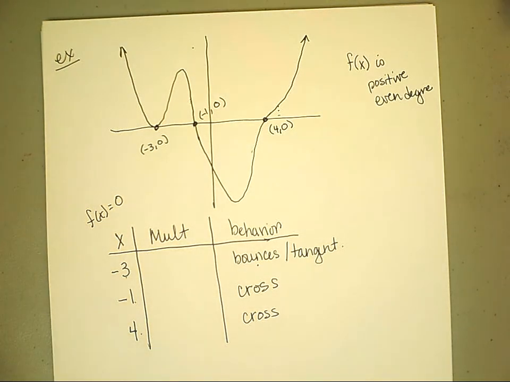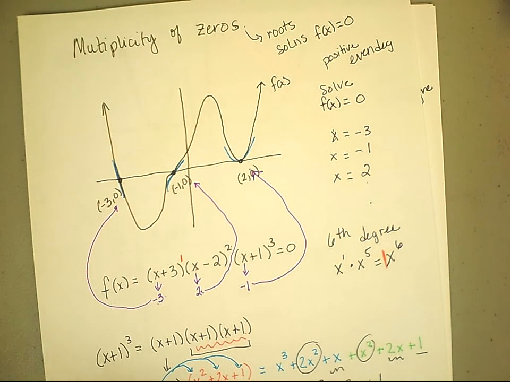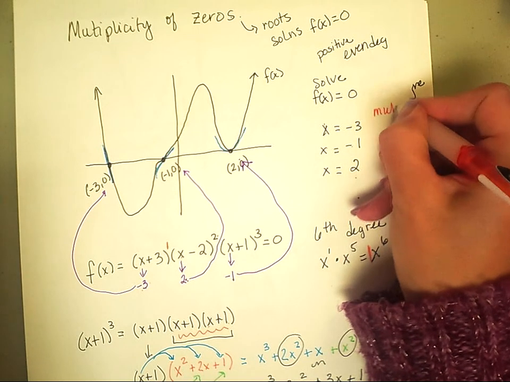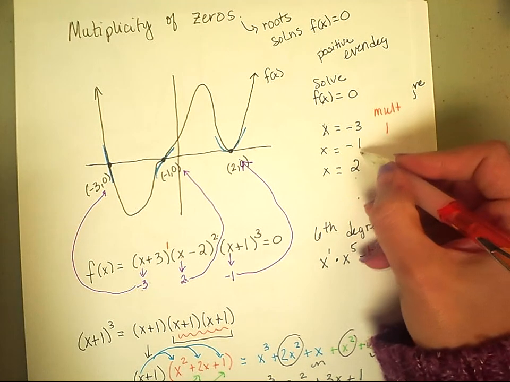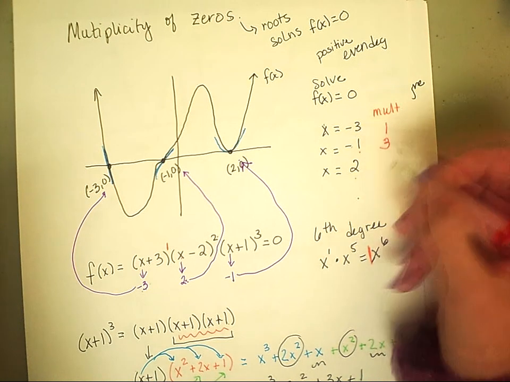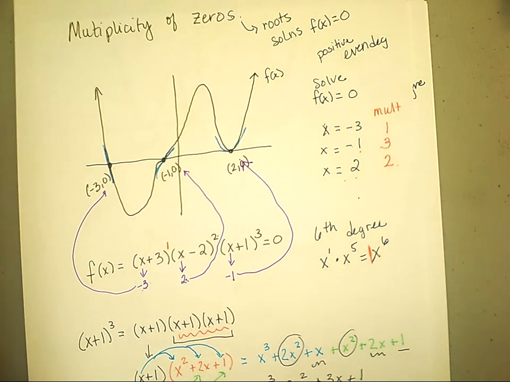Well, I don't know what that means about multiplicity, so let's go back and examine what we had here. Here we said at x equals negative 3, we had a multiplicity of 1. At x equals negative 1, we had a multiplicity of 3. And at x equals 2, we had a multiplicity of 2.